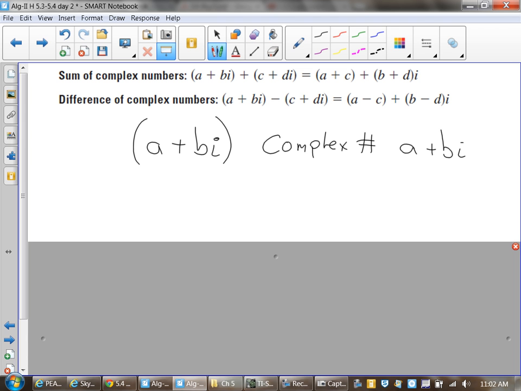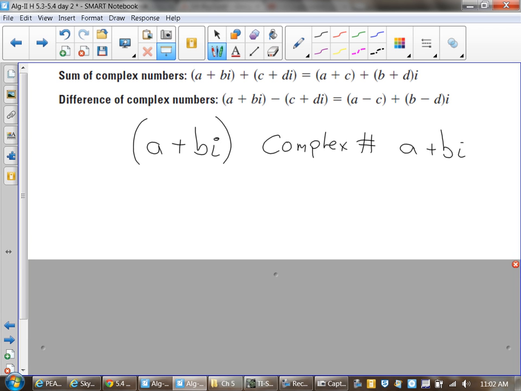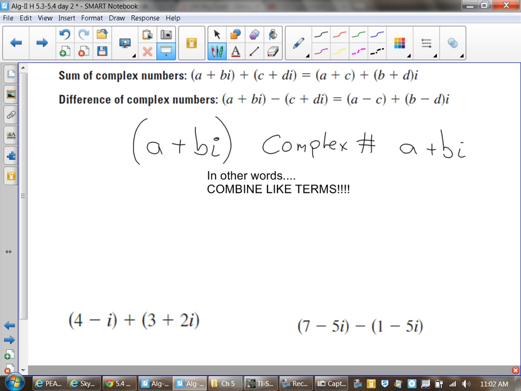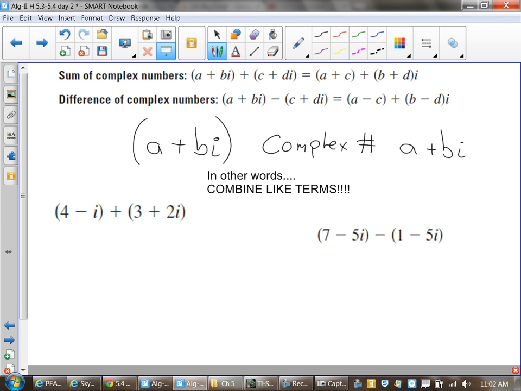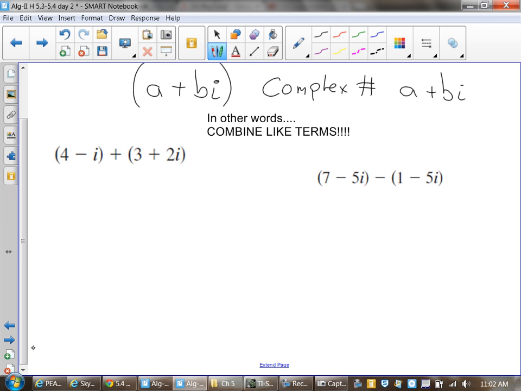What I want you to think about when we're dealing with complex numbers is to treat the value of i, when you're adding and subtracting, like you would treat a variable. Basically all we're doing is combining like terms. When it comes to adding or subtracting complex numbers, they write their complex numbers in parentheses.